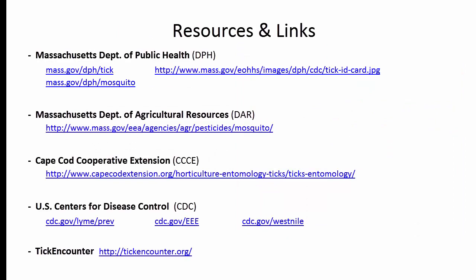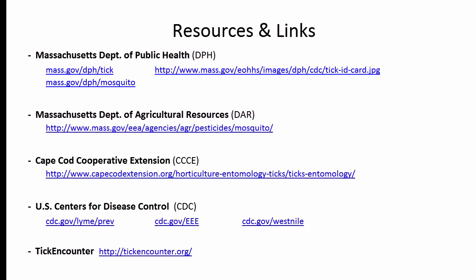Resources and links. The primary resources for this course include the Massachusetts DPH, Division of Epidemiology and Immunization, Bureau of Infectious Disease, with links to DPH tick, tick ID card, and DPH mosquito. The Massachusetts Department of Agricultural Resources, DAR. State Reclamation and Mosquito Control Board, SRMCB, with a link to DAR Mosquito Control Project.